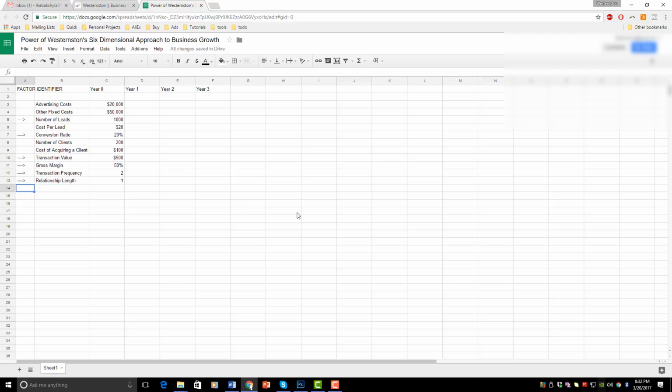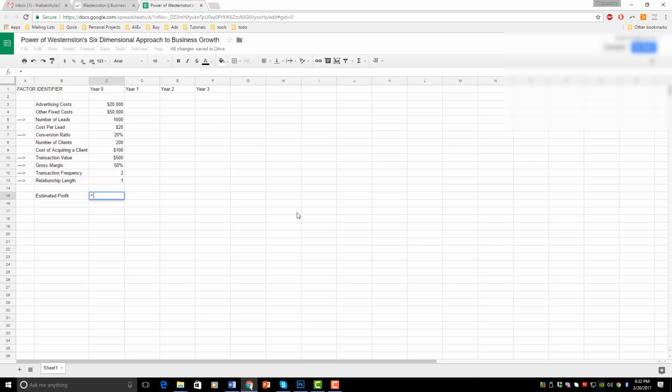Okay, so now when you see these little arrows, these are the 6 factors that you can work on, the little hinges that swing the big doors, and when you work on all 6 of them, magic happens. Okay, magic happens. So let's just quickly calculate or estimate the profit of this company in year zero.